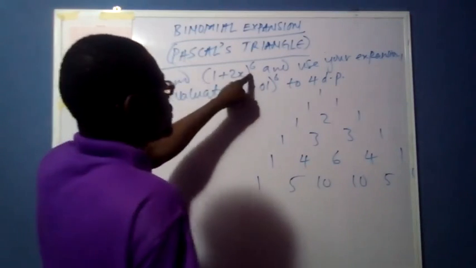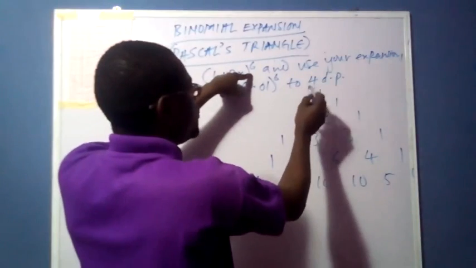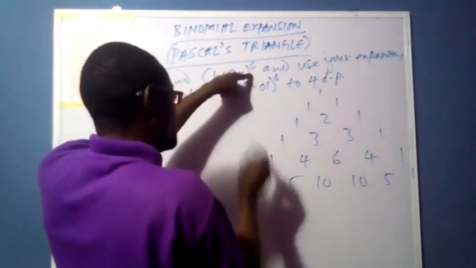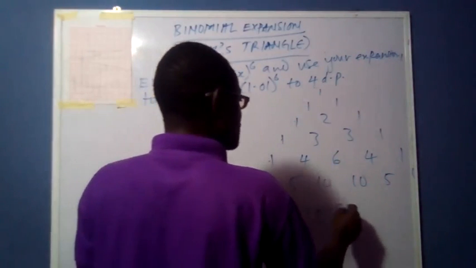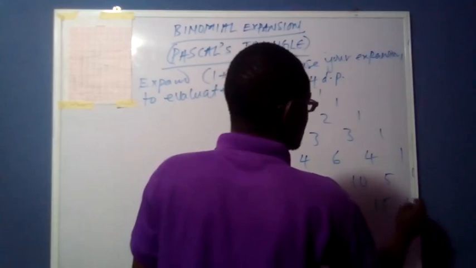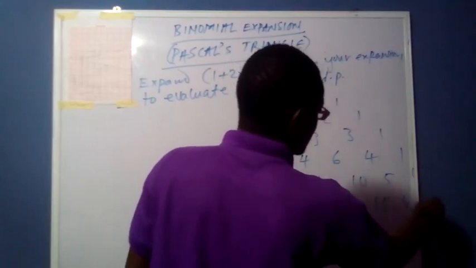So we're going to power 6. This is power 0, 1, 2, 3, 4, 5, then 6. The sixth one is 1 6 15 20 15 6 and then 1.